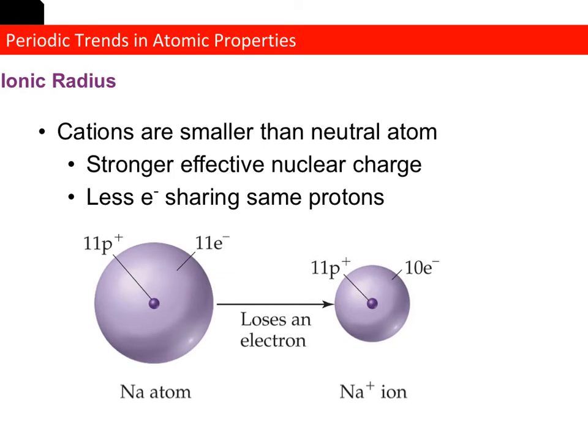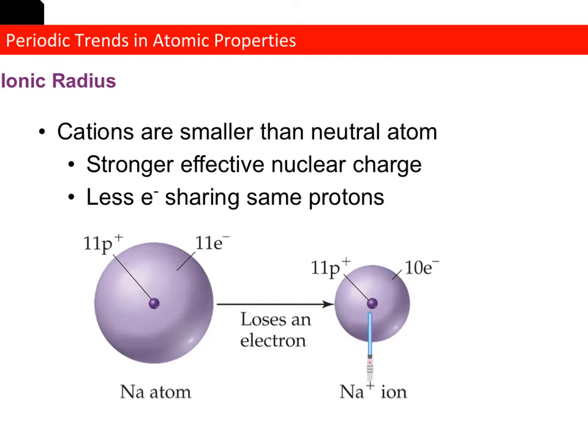Now, in the formation of a cation, a neutral element like sodium, which has 11 protons and 11 electrons, will lose an electron. And when it loses an electron, it has less negatives, but keeps the same amount of positives. As a result, it has less negative charges to keep track of, and it pulls the atom in tighter.